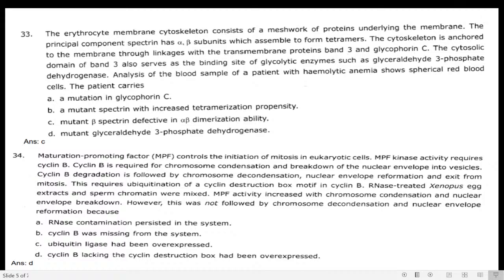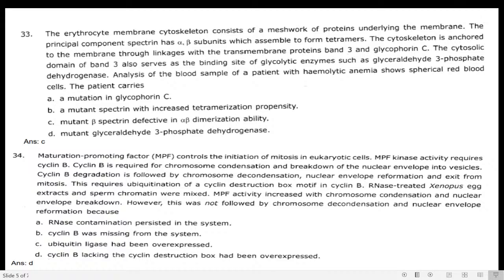Because of that, the answer is D: cyclin B lacking the cyclin destruction box has been overexpressed. They tell the story and ask the question from the story. In both of these, the questions are story-based questions.